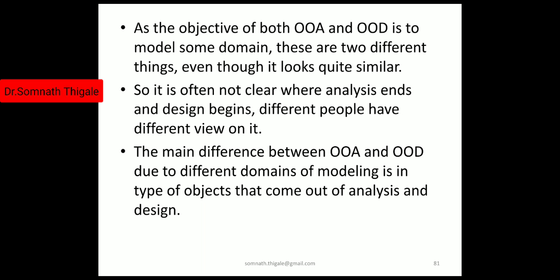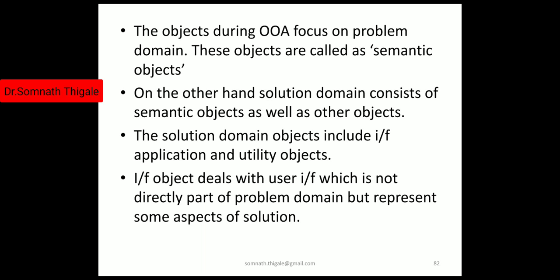Different people have different views on it, but the major difference between OOA and OOD is due to the different domains of modeling and the types of objects that come out of analysis and design. The objects during OOA focus on the problem domain, as I rightly mentioned, whereas OOD focuses on the solution domain. The OOA objects are called semantic objects, whereas the OOD solution domain consists of semantic objects as well as other objects.